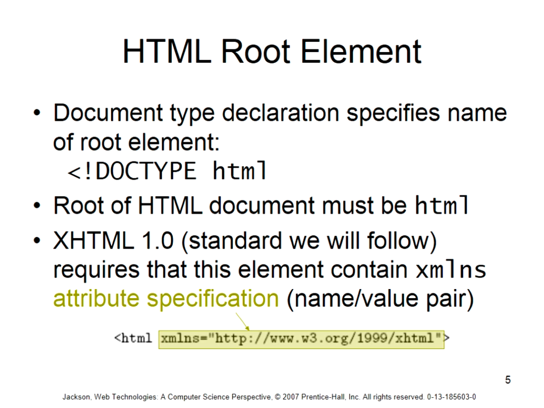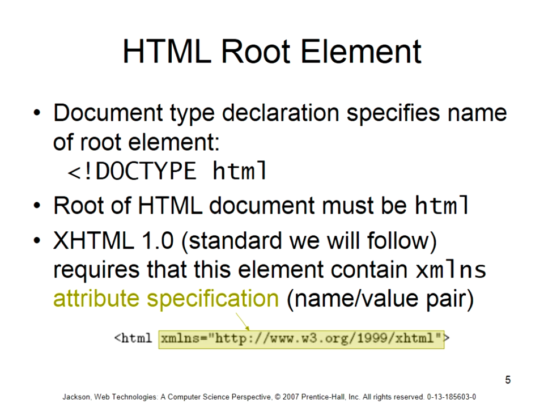So the document type declaration specifies the name of the root element. When we write doctype HTML, that means HTML represents the root of our document. So the root of an HTML document must be HTML.